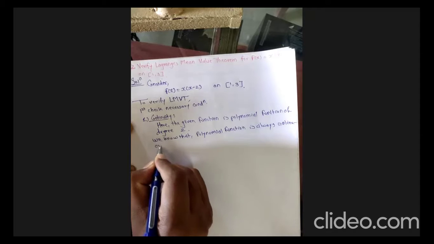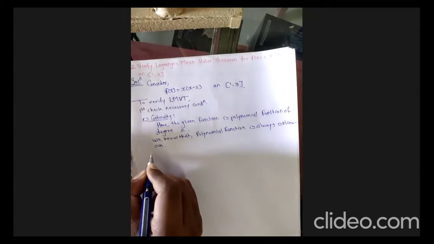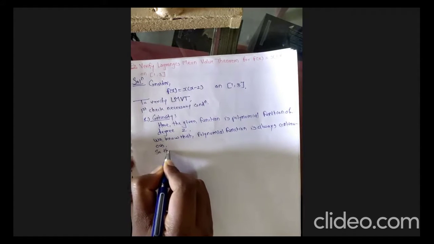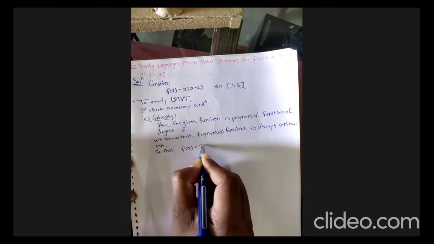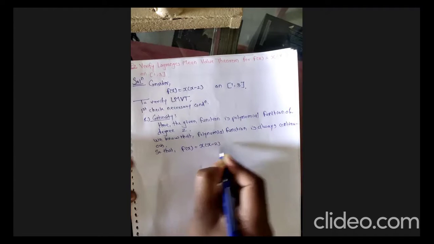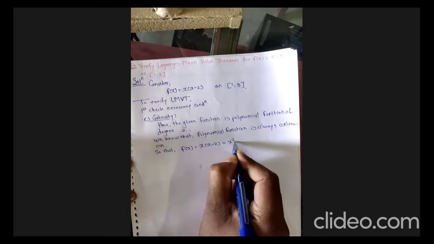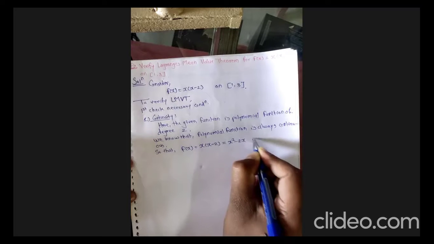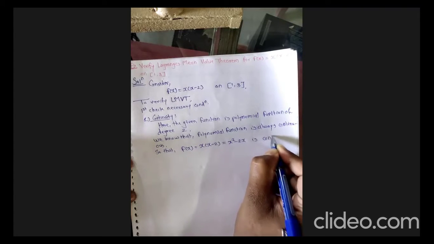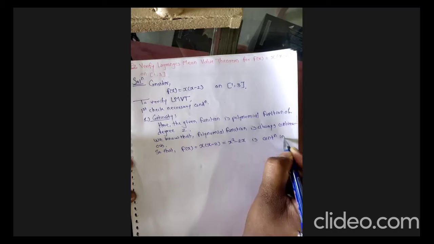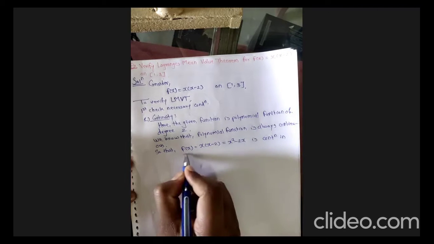So f of x equal to x into x minus 2, which is equal to x square minus 2x, is continuous in the closed interval 1 comma 3.